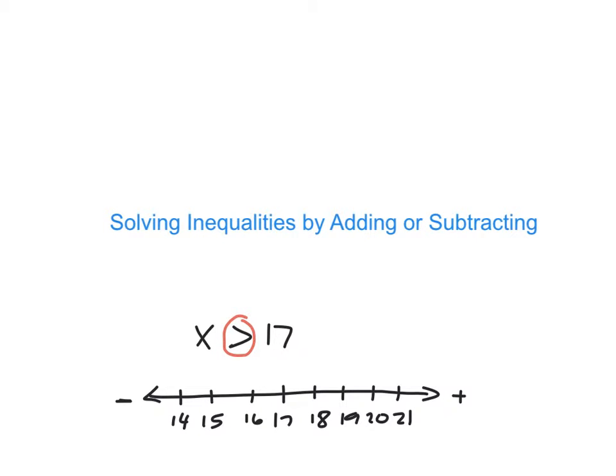Since this is just a greater than sign, we mark that boundary with an open circle. 17 is not greater than 17, so we can't circle it in, but we can mark it with an open circle. And then all these other values that are bigger than 17, they are part of the solution set.